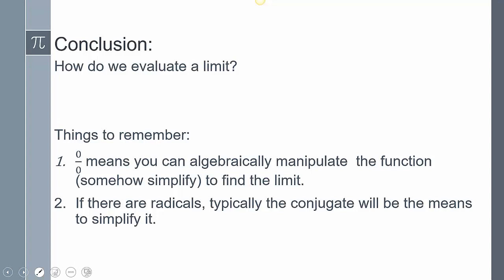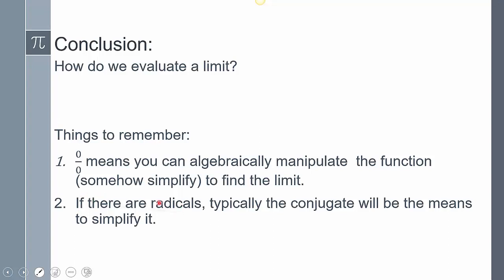So let's conclude this lesson. How do we evaluate a limit? Very simple. We just take the value and we plug it in. Now, it's not that easy, so a few things to remember. If you get the instance in which it's 0 over 0, it means you can algebraically manipulate the function to find the limit. So 0 over 0 means the limit will exist, we just have to do other means to find it.